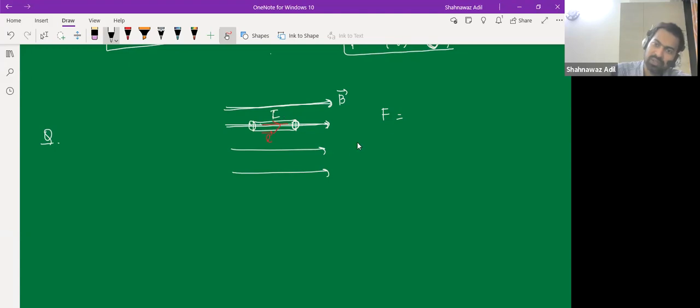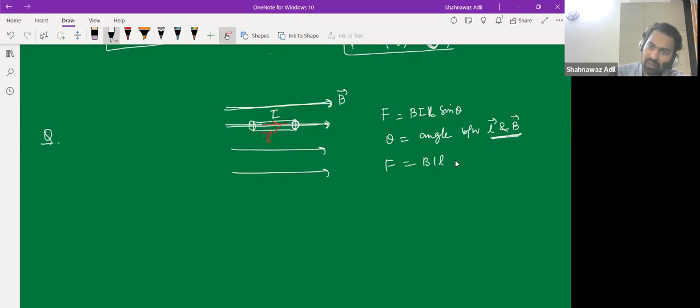What do you know? You know that F is BIL sine theta, correct? And theta is the angle between L and B. So what is the angle between L and B in this case? 0.